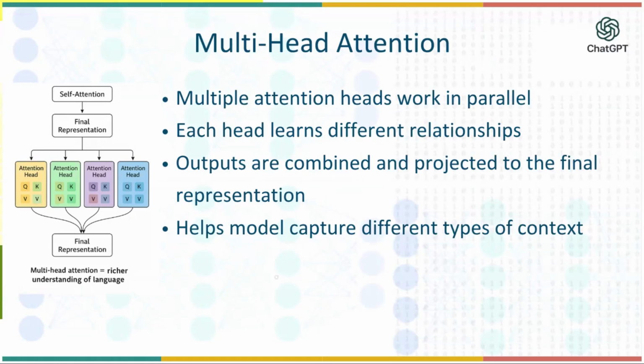One head may focus on short-range grammar, another on pronoun resolution, and another on long-range context. The outputs from all these heads are then combined and projected into a single vector. This multi-head setup allows the model to capture many types of relationships at once, giving it a richer and more flexible understanding of language.